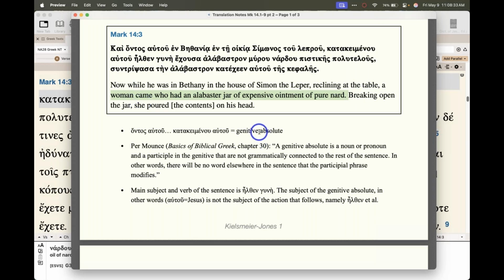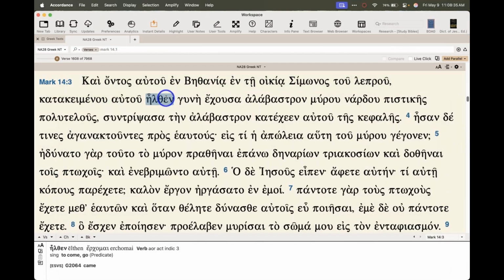I mentioned this genitive absolute at the beginning, and it's so called because, well, here's the genitive. If we are not remembering our endings here, then we can hover over the instant details, but this ontos, present participle masculine singular genitive with the os ending there, autou for the subject, genitive, ou, and then there's another genitive absolute, katakemenu autou.